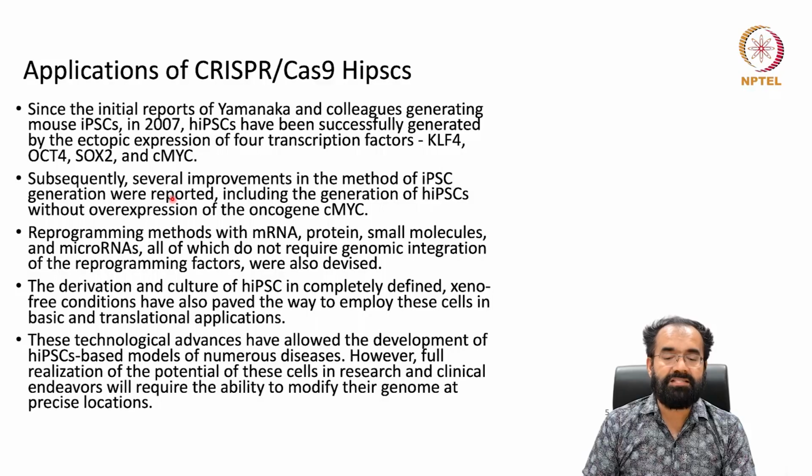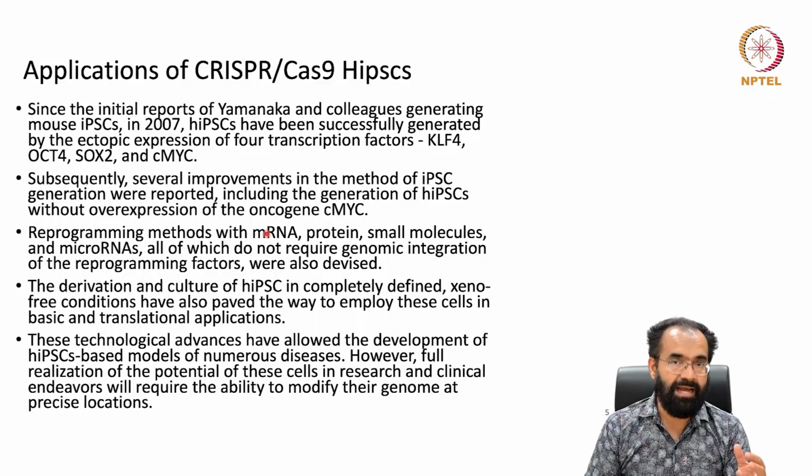Subsequently, several improvements in the method of iPSC generation were reported, including the generation of human iPSCs without overexpression of the oncogenic gene MYC. Although MYC is one of the Yamanaka factors, it always brings in some extra baggage, as it can make the iPSCs more tumorigenic.